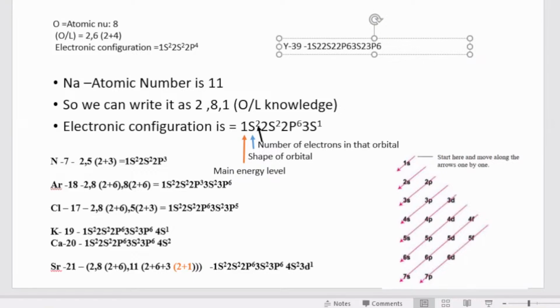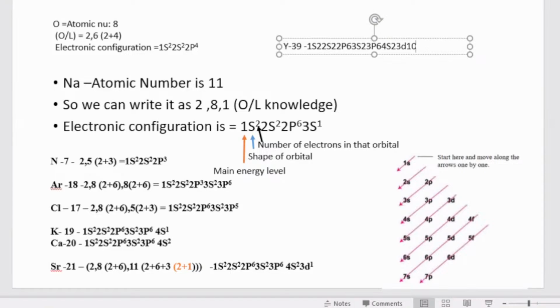See this. After 3p, it's 4s. 4s2. Then after 4s, it's 3d. 3d10. Then here 30.